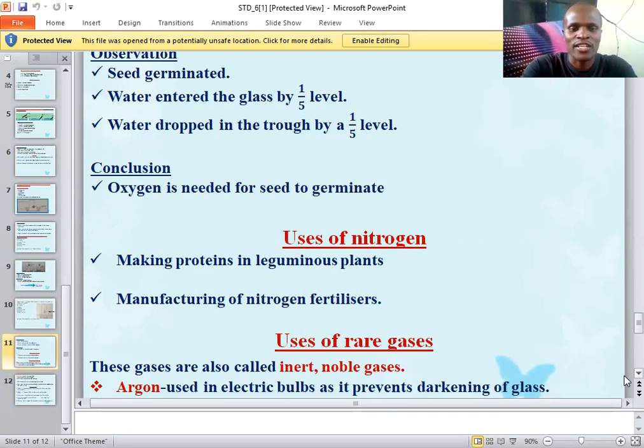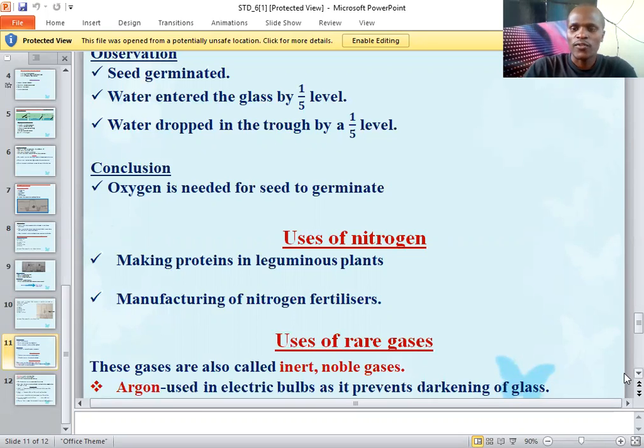They are able to supply nitrogen to the plants. So when manufacturing these nitrogenous fertilizers, we use nitrogen gas to make the fertilizer. So we have two main uses of nitrogen: used by plants to make proteins, and manufacturing of nitrogenous fertilizers.